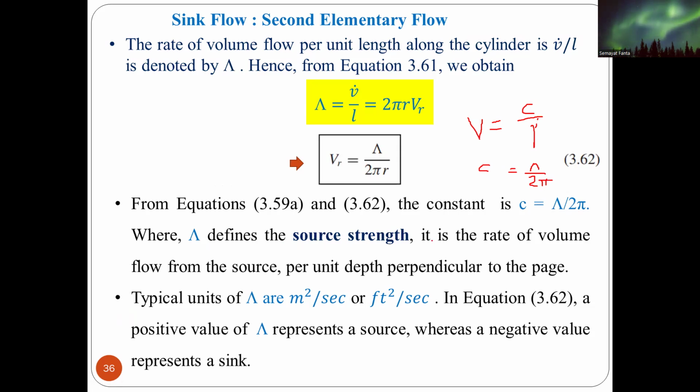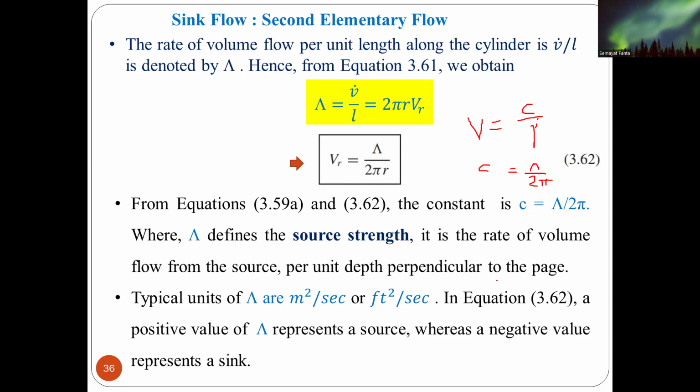So it is the rate of volume flow from the source per unit depth perpendicular to the page. The typical unit of source strength is meter squared per second, or in the imperial unit system, feet squared per second.